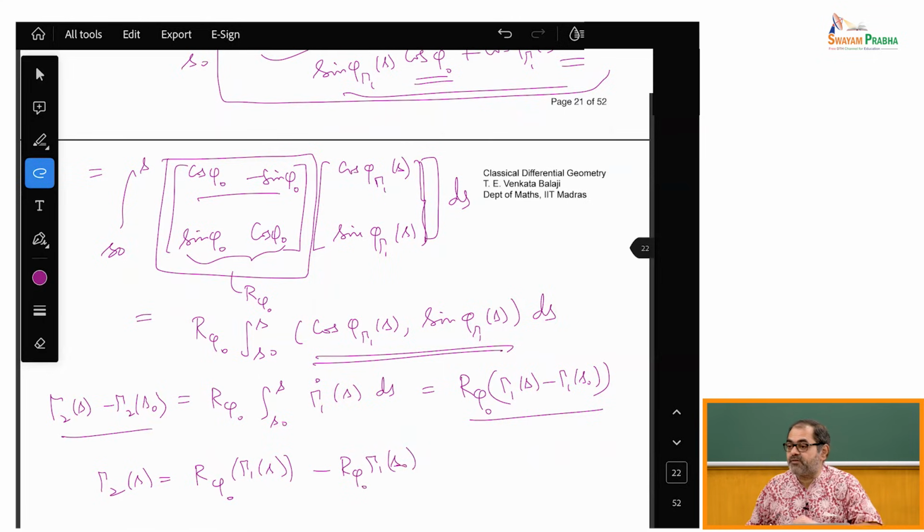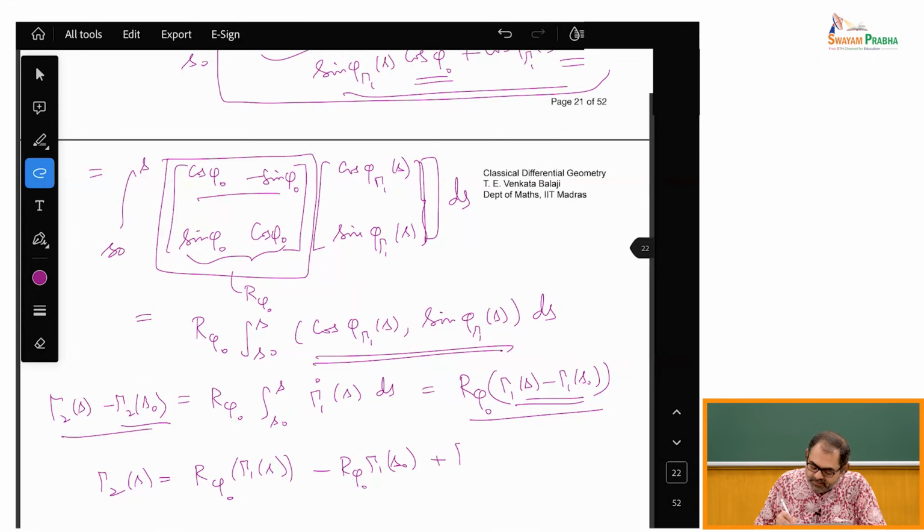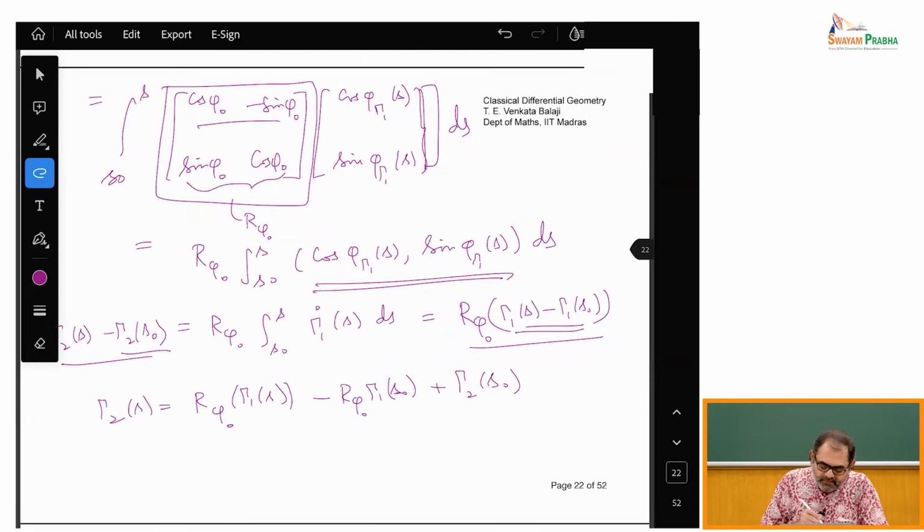Mind you, R phi naught is a linear map, so for a linear map f, f of x plus y is f x plus f y. So I can put the minus outside. R phi naught of x plus y is R phi naught of x plus R phi naught of y, alright, because R phi naught is linear, and then the minus gamma 2 of s naught goes to the other side, so I will get a plus gamma 2 of s naught. So basically you are getting gamma 2 is equal to R phi naught of gamma 1 of s plus some vector v naught, alright.